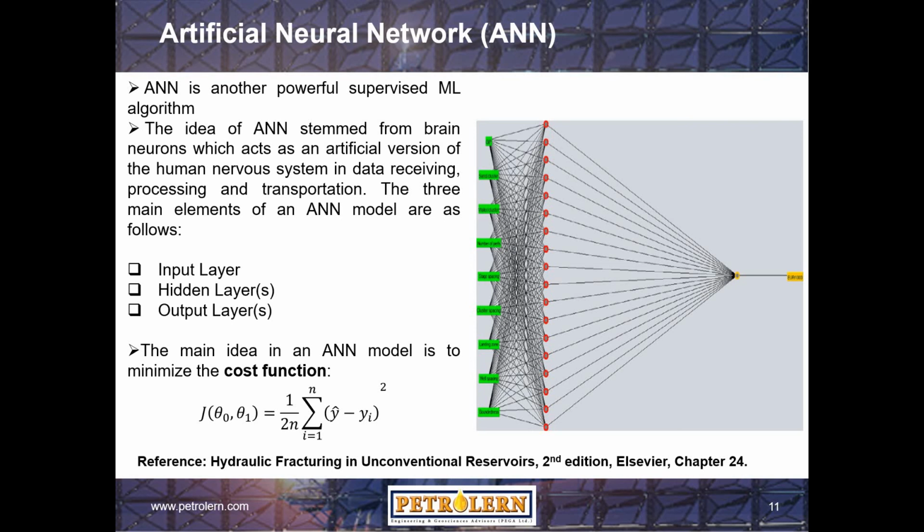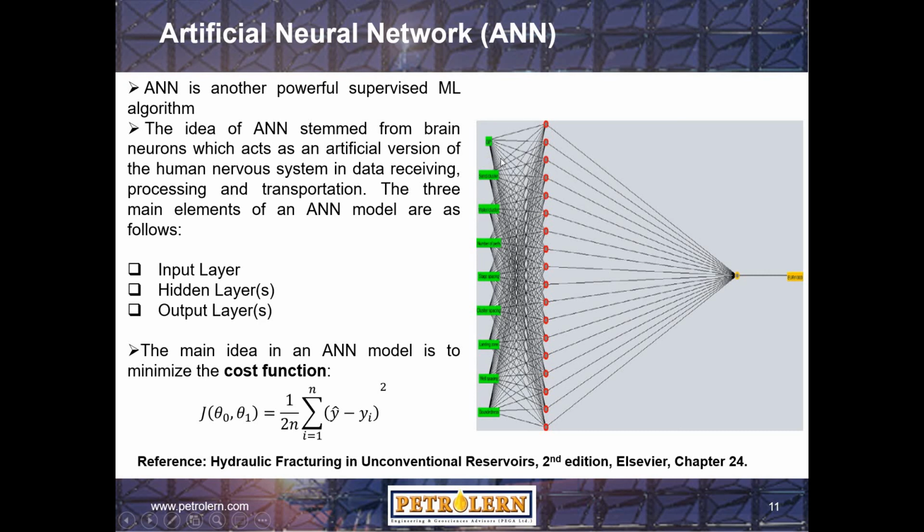The best way to explain the neural network is to look at this figure on the right-hand side, okay? As opposed to support vector machine, where you're trying to maximize the margin, in ANN you're trying to minimize a cost function. That cost function is simply the difference between your actual values and your predicted values. This equation can be used as the cost function, or, if you look at Python, you can call it the loss function.